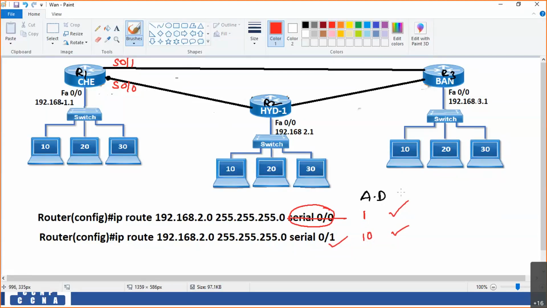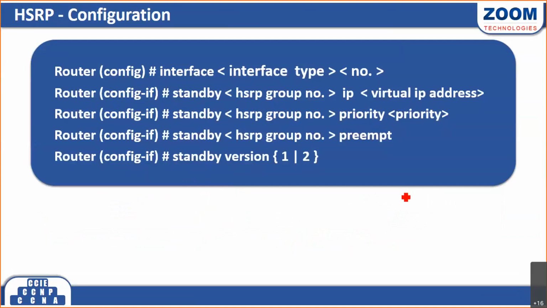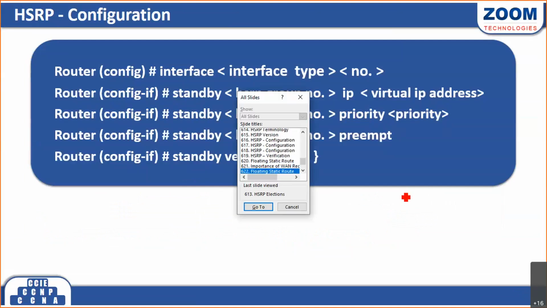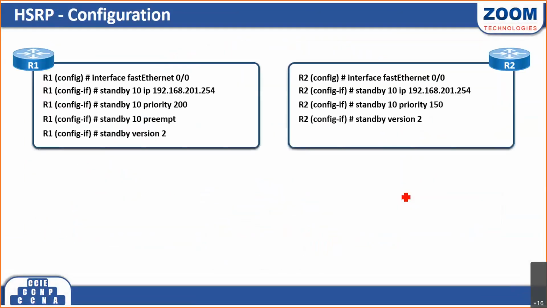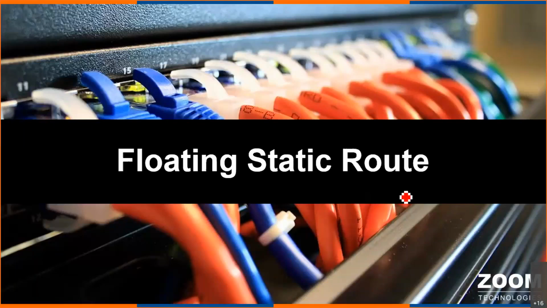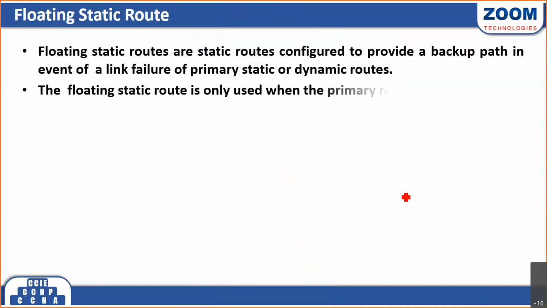Wow, okay, this is a very good thought. This type of routing we call a floating static route. So in static routing also we can have redundancy and backup. We just configure a higher administrative distance on the backup route. This floating static route we use when your primary route is not available, to provide the backup.